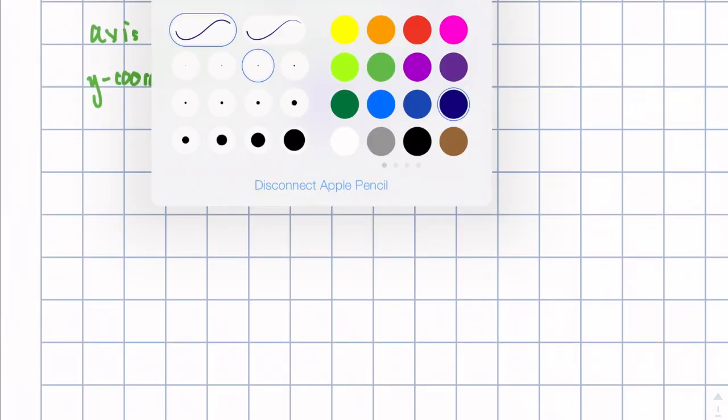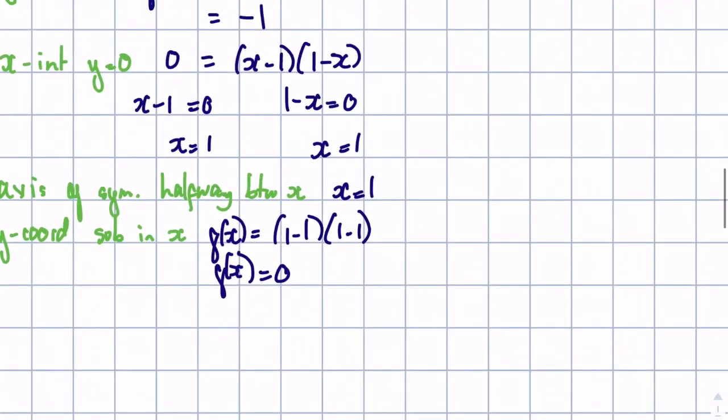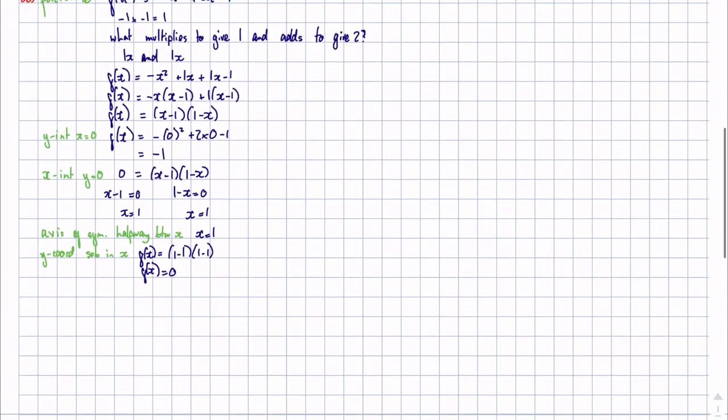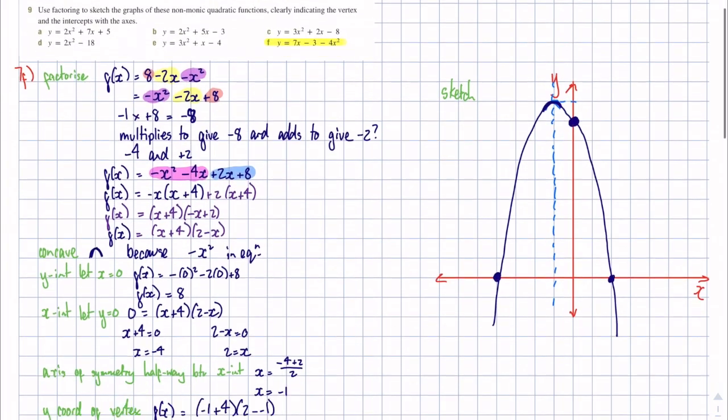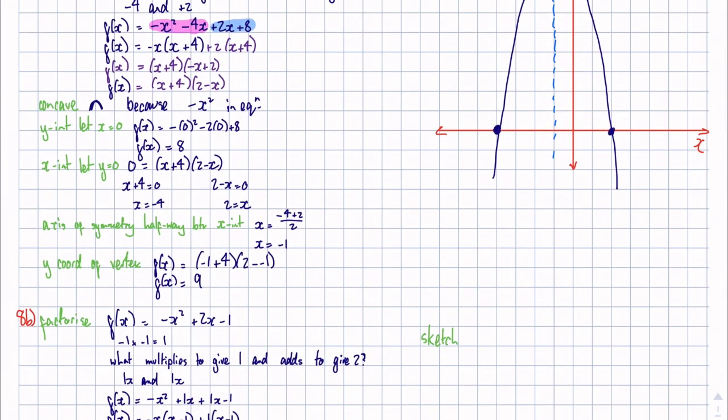And now we're going to sketch, and I'm going to sketch on the right-hand side so we can see all of our work. Okay, so the useful bits of information are f of x equals minus 1, these ones, this one and this one. And I should have highlighted them here as well.